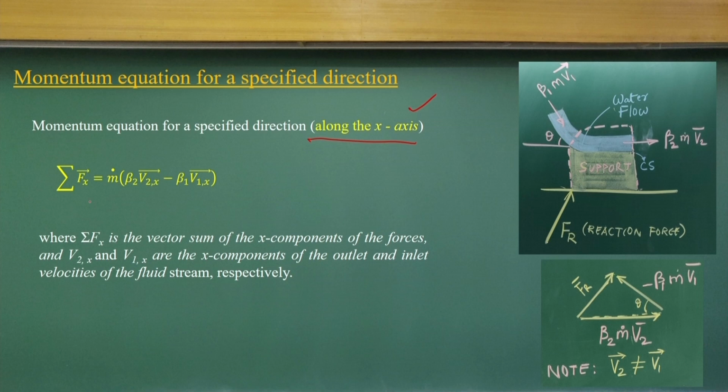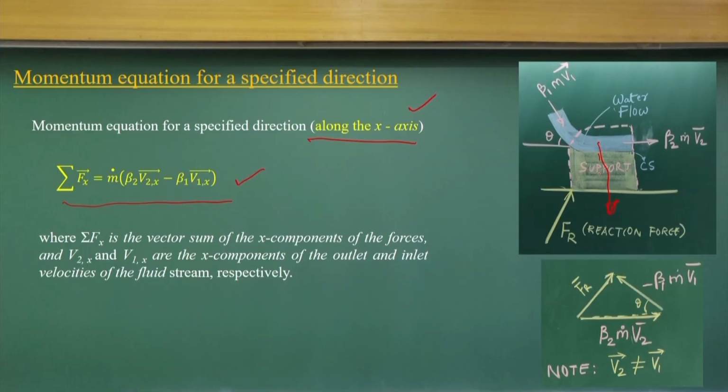If I resolve only the x direction component, I will find the momentum flux in the x direction only, not the y or z direction, even though I could have three equations. Here we have a very good simplification: to compute the force component only in the x direction, if I consider the control volume like this, the gravity force acts in the z direction, so that force component will not come in.